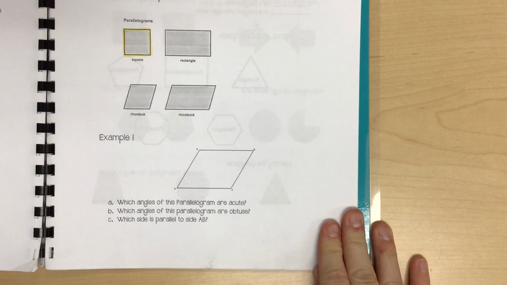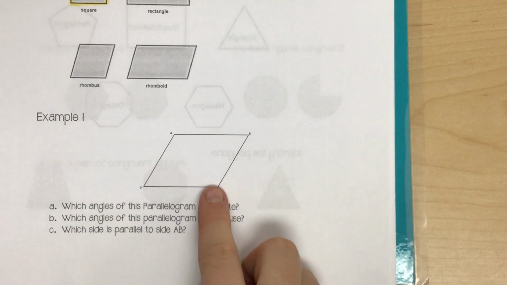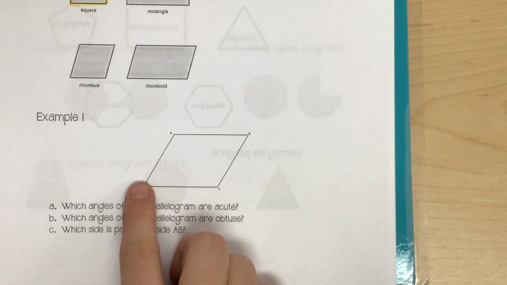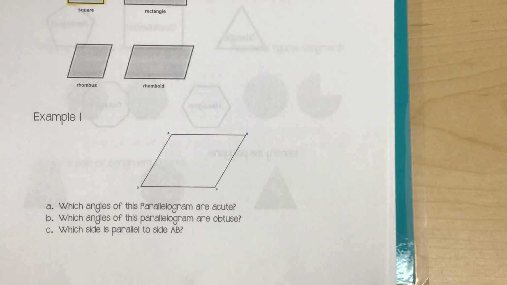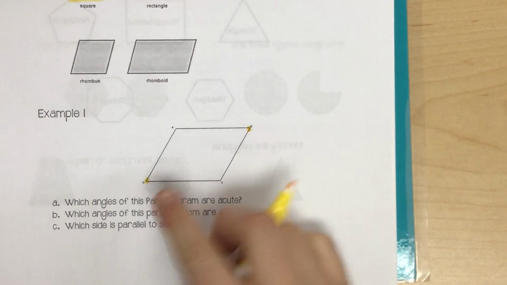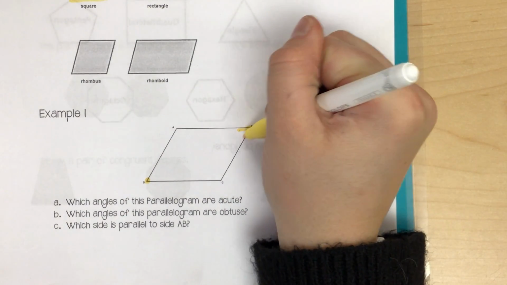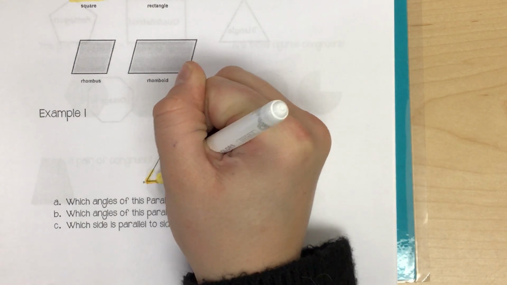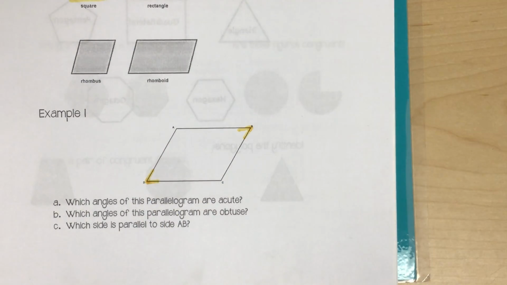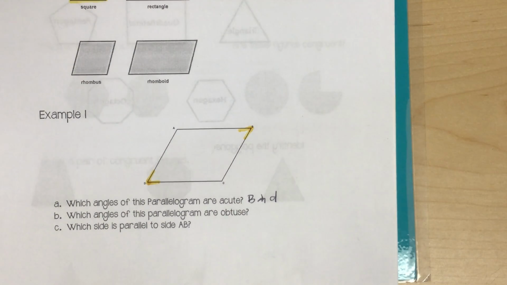This might be tricky to tell in your journal, but if we look at each vertex or point, we can look at the angles. I know that D and B are smaller, or acute. If you can tell, there's not much space in between the two lines. So these are our acute angles. It would be B and D.